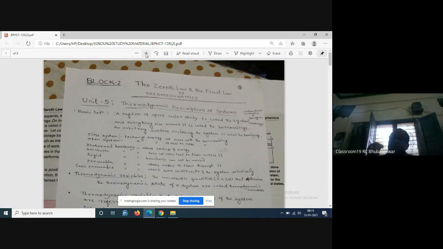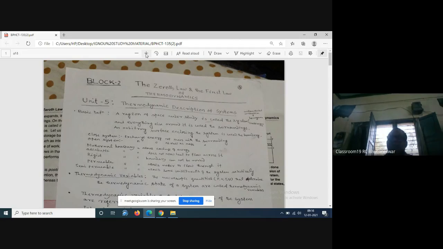So when this gas exchanges with the surrounding, you might have observed many things. When a body is placed on a burner and then brought outside and kept for some time, you see its temperature falls.